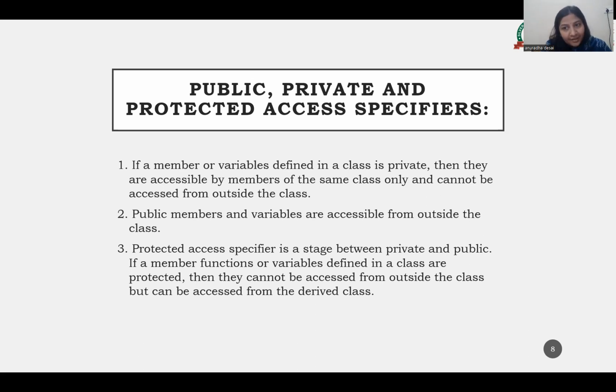Second, if it is a protected mode, then if we derive a subclass from a protected base class, both public and protected members of the base class will become protected in the derived class. The third is private mode. If we derive a subclass from a private base class, then both public and protected members of the base class will become private in the derived class.